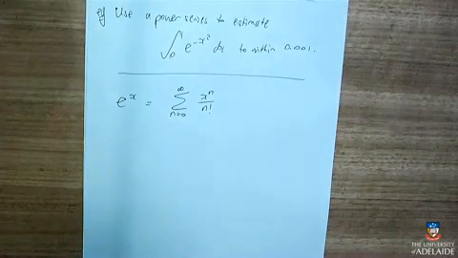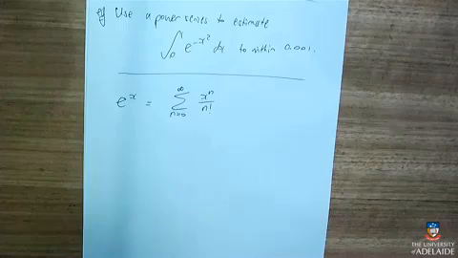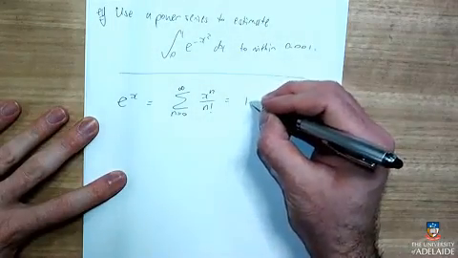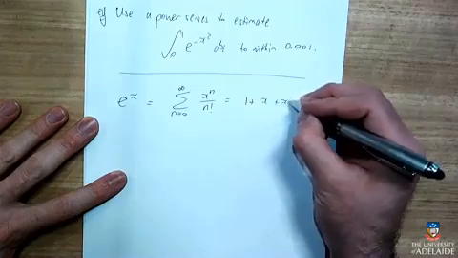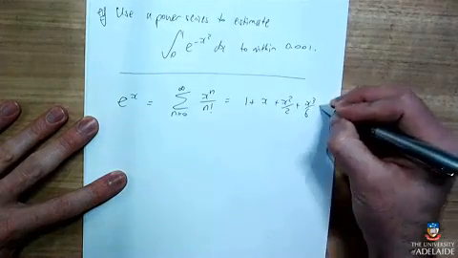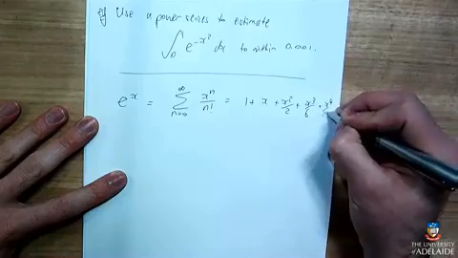I definitely know that, where we say that 0 to the 0 is 1 for calculating this. Okay, so just the long version of that would be 1 plus x plus x squared on 2 plus x cubed on 6 plus x to the 4 on 24 and so on.